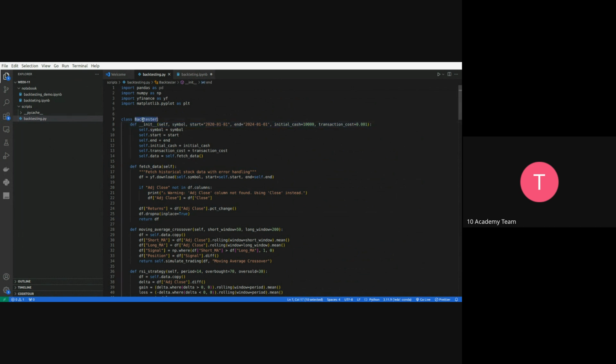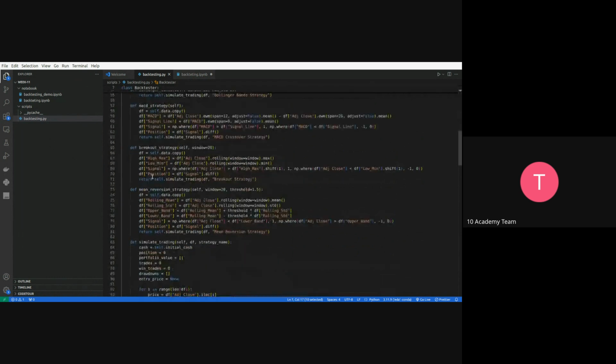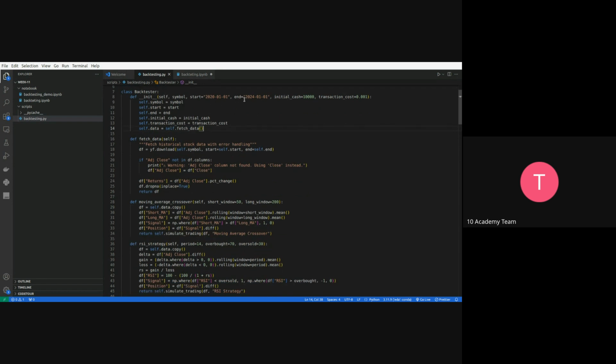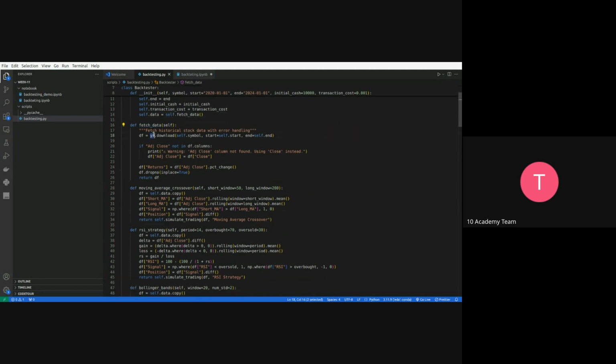We have a backtester class, and we have different methods within that class, and we have set some parameters here: the initial cash of investment that we want, the transaction cost, and the period that we want to backtest on. For example, here I'm going to test from 2020 to 2024, but for you it's a longer time. You can adjust it for any period of time that the stock is available, and we are going to fetch the data using yfinance.